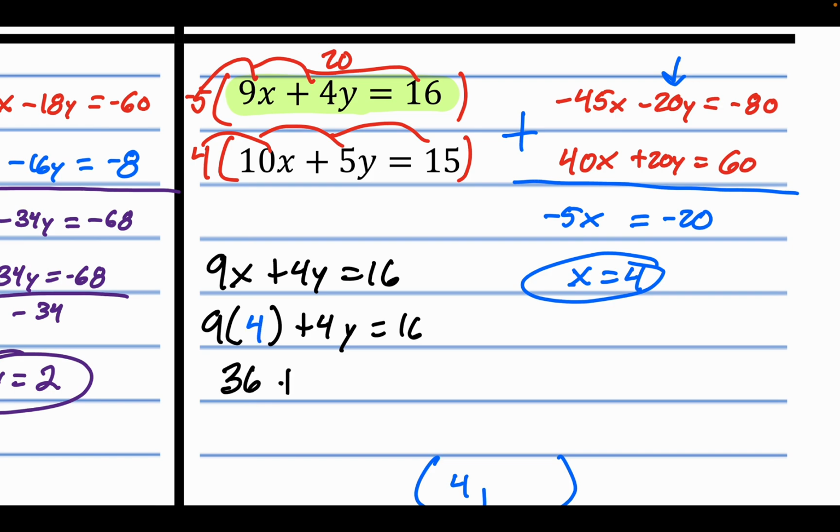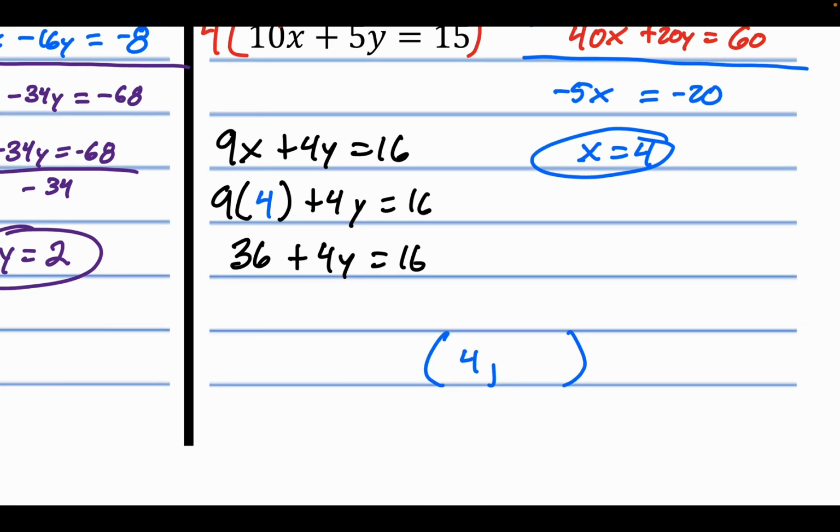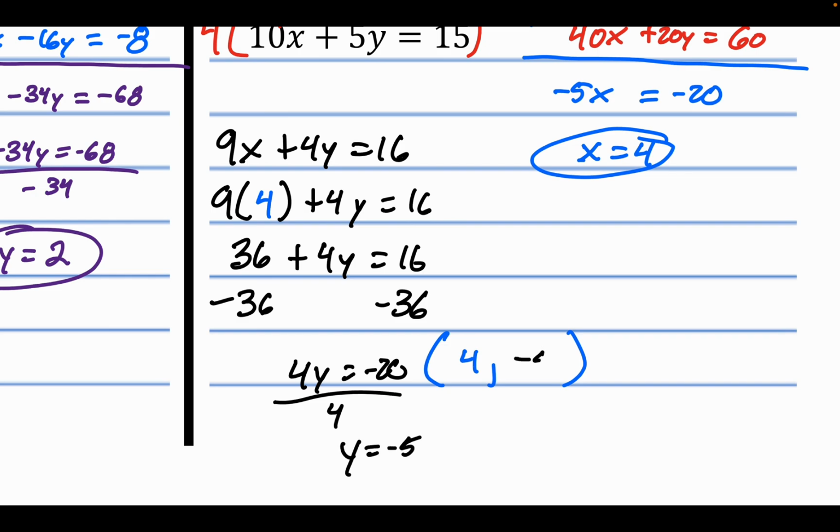That's 36 plus 4y equals 16. Subtract 36. Divide by 4. And y is negative 5, making our answer the coordinate point 4, negative 5. And that is solving elimination with some multiplication.